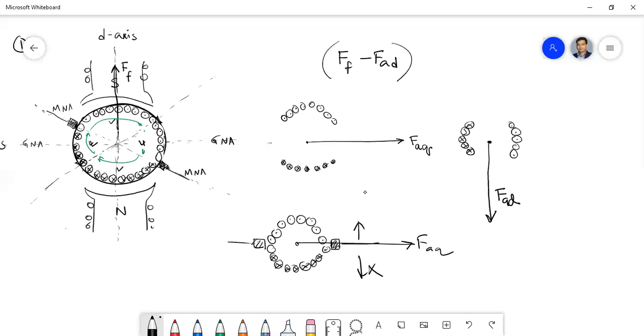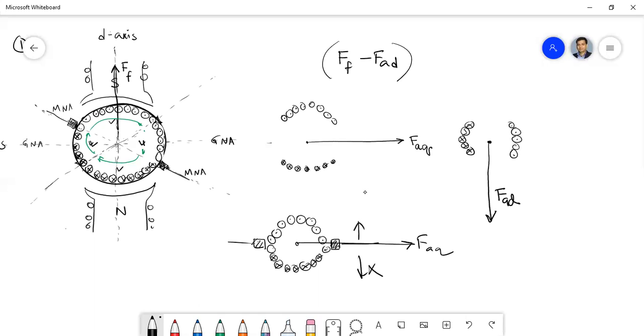Is that clear? So therefore, generally we call this armature reaction cross magnetizing. Why is it called cross magnetizing? Because it acts in the quadrature axis compared to the main field MMF. It acts in 90 degree direction to the main field MMF. So therefore it is called cross magnetizing.